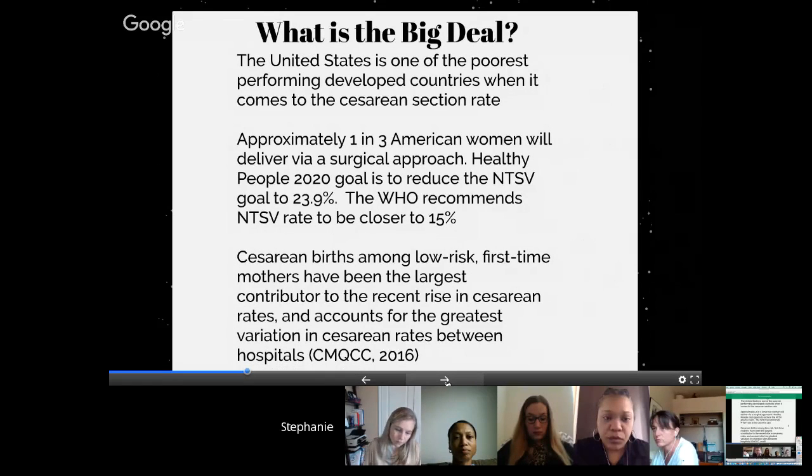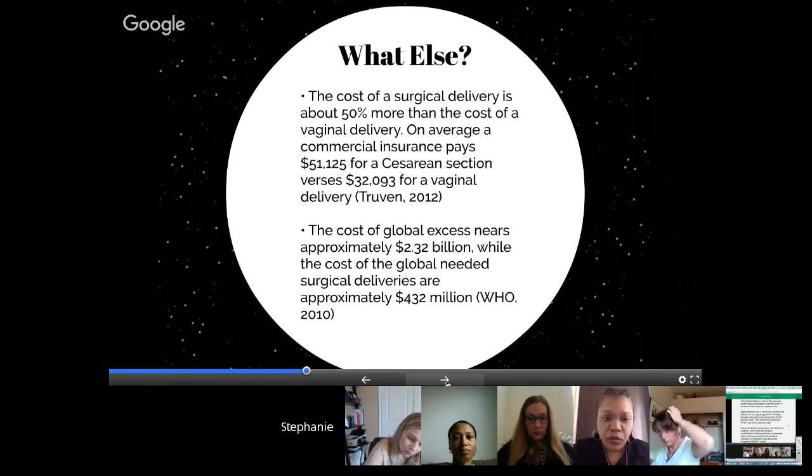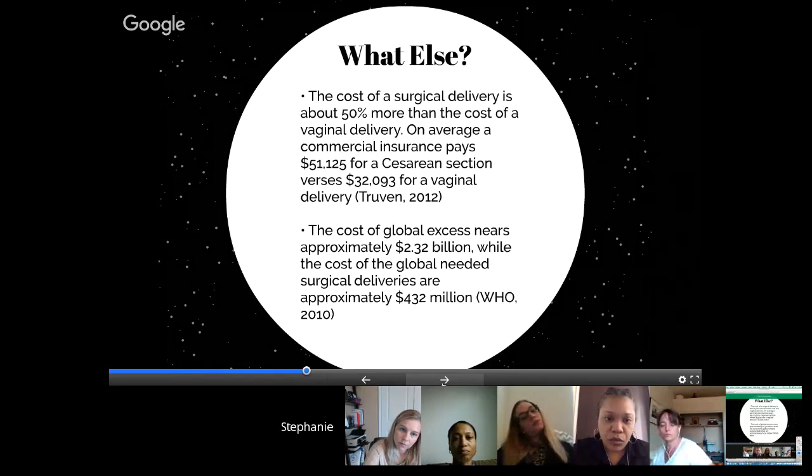Continuing with the financial burden and implications, it's apples for apples really, because we're almost 2 times the amount of cost for a C-section delivery versus a physiologic vaginal delivery. And it's a global problem.